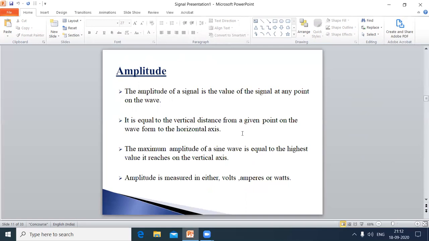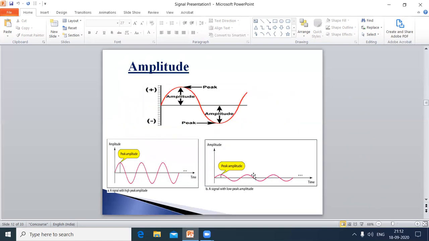The maximum amplitude of a sine wave is equal to the highest value it reaches on the vertical axis. Amplitude is measured in volts, amperes, or watts. Listen here. The curve starts and goes up and down over a period of one.